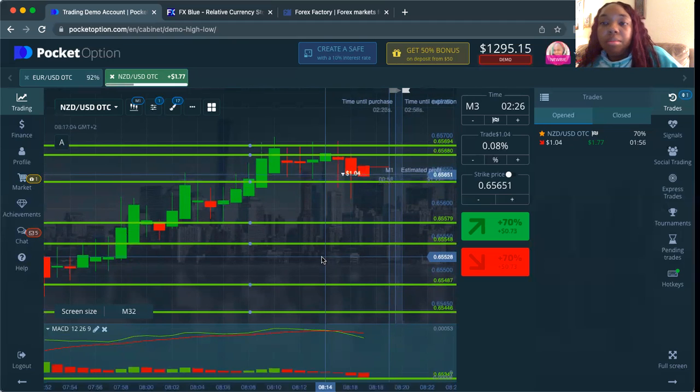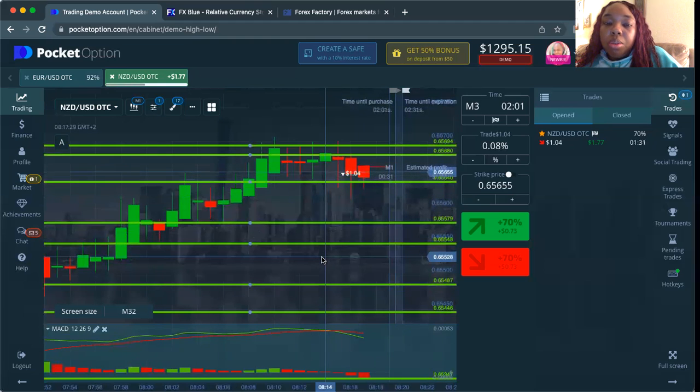You definitely have to have your support and resistance, mark your charts. Like I said, use this more as a vision board, and mark your vision board to get better accuracy on which way that pair is going to go, if it's going to go up or down. That's how you get your success rates in trading.